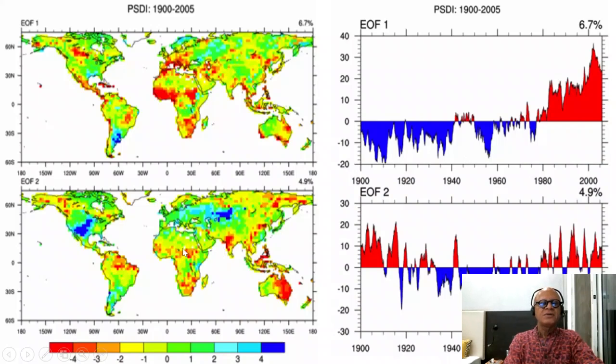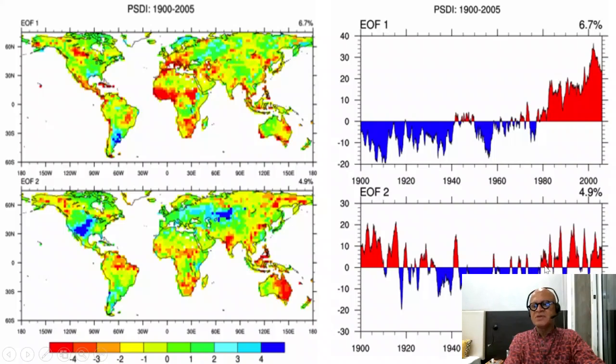And beautifully here, the second mode captures essentially what is an El Nino mode combined with something like a PDO, or the Pacific Decadal Oscillation mode. In other words, you see here there are decades where the PDSI is above the zero line, the long-term average, so it's drier globally and wetter here, with some spikes in the middle.